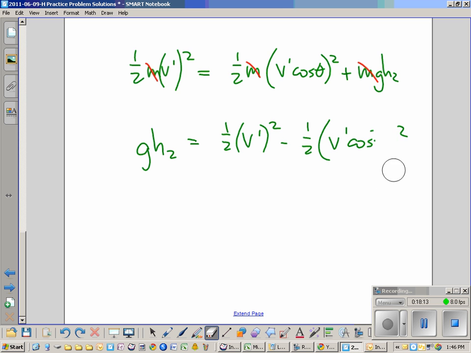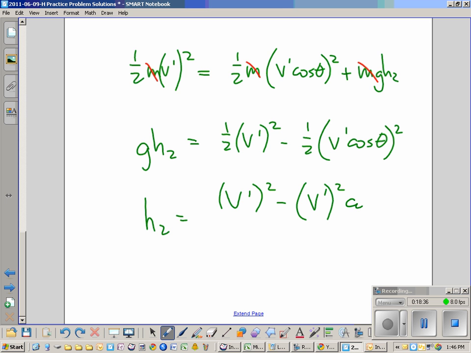We are going to still be able to do the sine theta thing. Cosine theta. Awesome, I love doing trig. All right. We're doing all right there? Yes. All right. So h2 is equal to, let's see, v prime squared minus v prime squared cosine squared theta, right? I just squared everything in there, all over 2g.